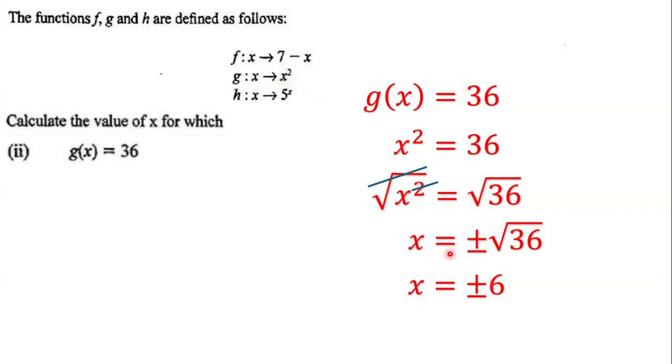And negative 6 squared is going to be positive 36. That's why x is equal to plus or minus 6, because both of them can work to give you 36. And so that's the answer here: x is equal to plus or minus 6.